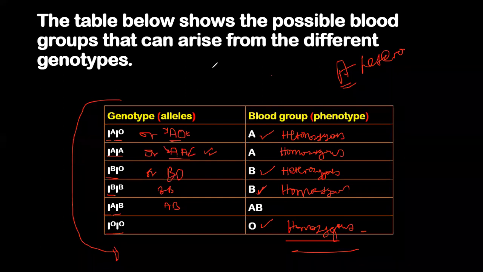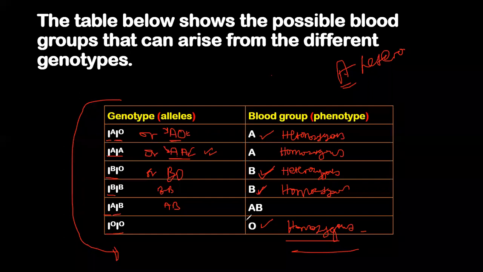Then if they say, who is the first person on my list? It is Faith. If they say Faith is heterozygous for blood group B, it means the two alleles that determine this blood group are not the same, they are not identical.